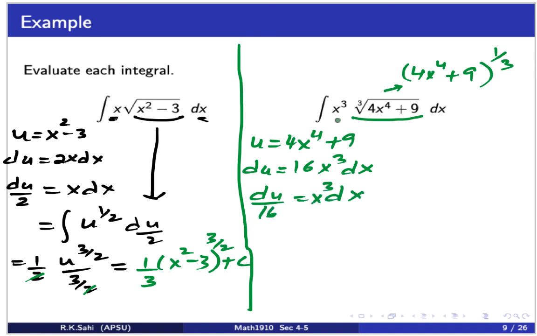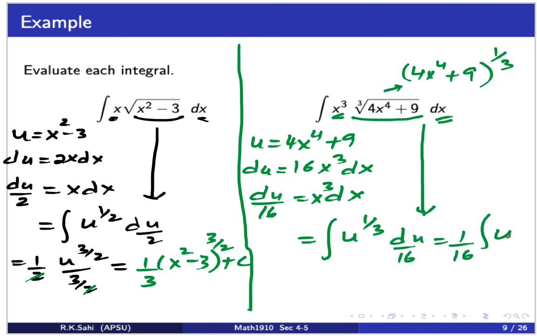The reason is we have x cubed and dx. We don't have a 16, so we can take that out. So now the original problem in terms of u is going to be u to the power 1/3 du over 16, which is 1 over 16 times u^(1/3) du.